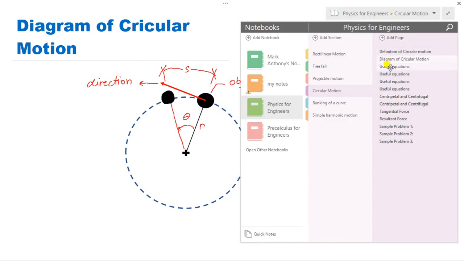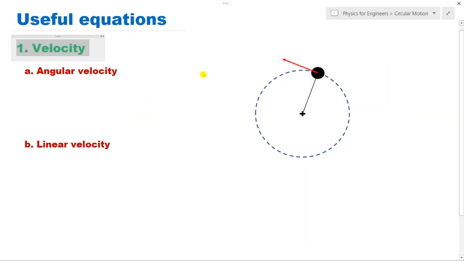So next, let's go to the useful equations for circular motion. First we have angular velocity. Let's say this object displaces at a certain angle, as what I have told you a while ago. So now ito na yung object niya, position ng object niya, dito na siya. Of course, we have here an angle of theta. Since we talk about angular velocity, this is the rate of change of your angular displacement.